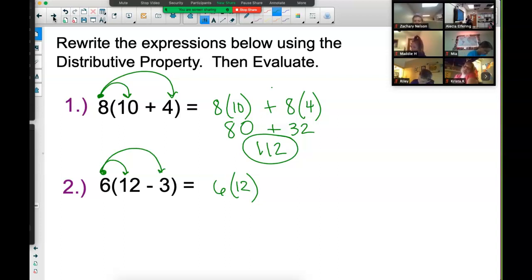Don't forget to share the candy with everyone, because nobody wants to be left out. So we'd have 6 times 3. And then we're going to subtract in this case. So 6 times 12 is 72. You can use a calculator if you need to. 6 times 3 is 18. And we're going to subtract. And we get 54.